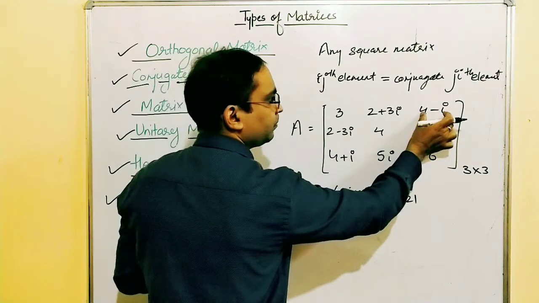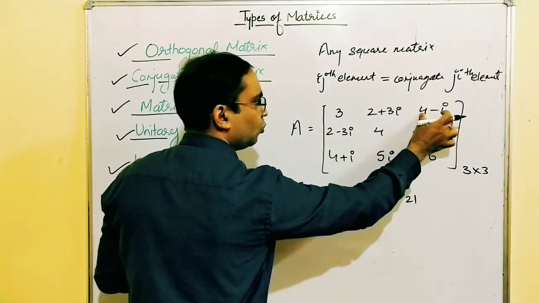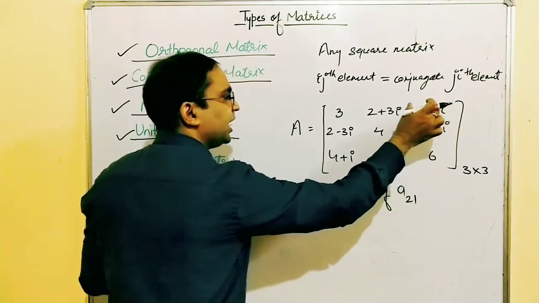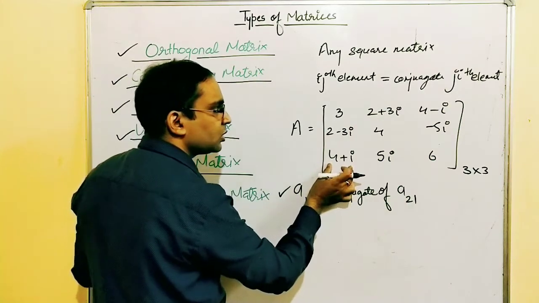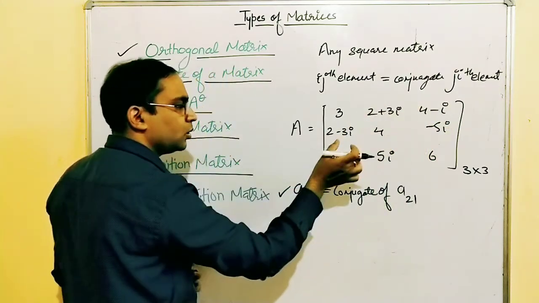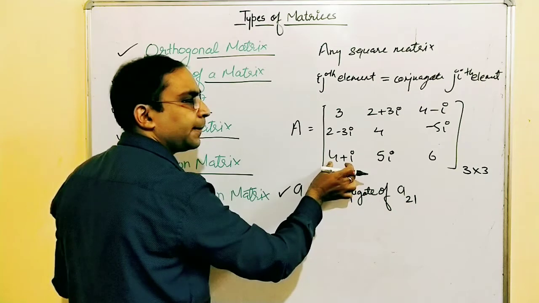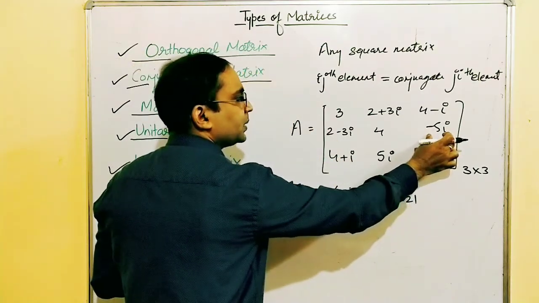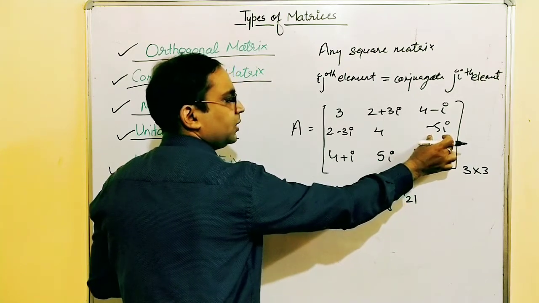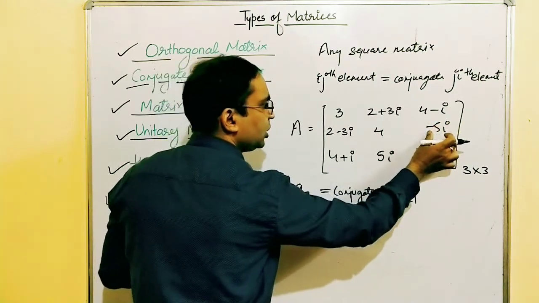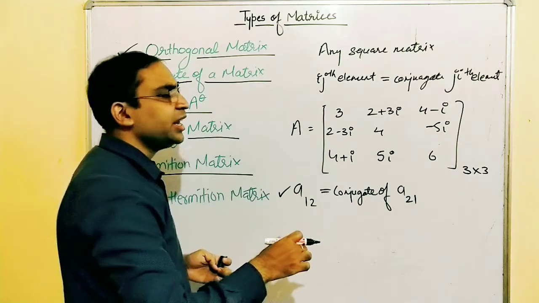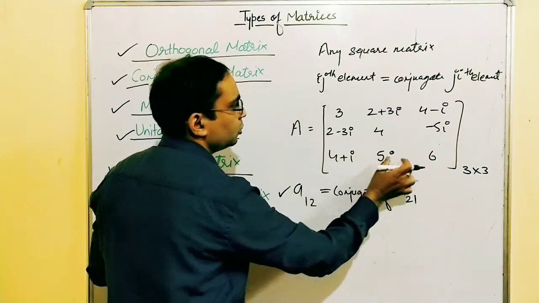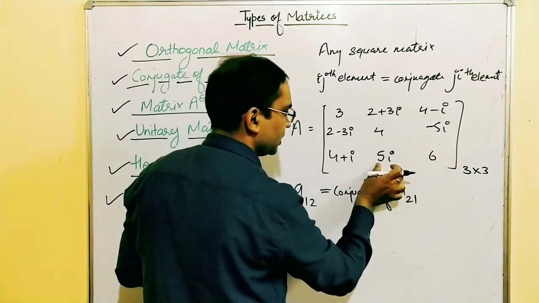Let's talk about this. This is a13. Then the element we are looking for is a31. So we can see 4 minus i is the conjugate of 4 plus i. Next, what is this element? This is a23, second row, third column. If this is a23, then we'll see a32. So this is minus 5i, this is plus 5i.